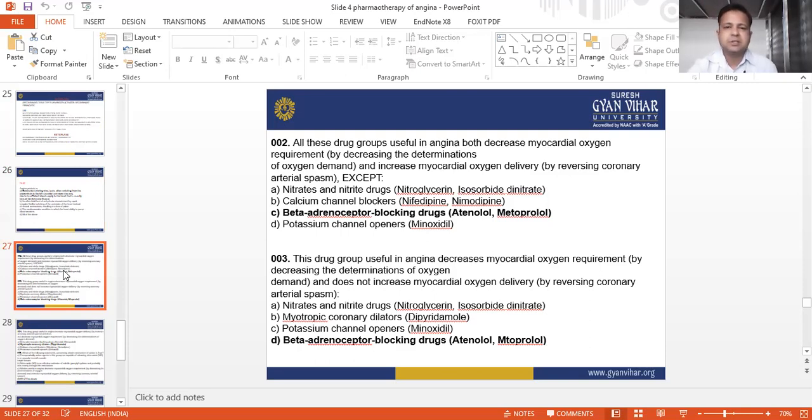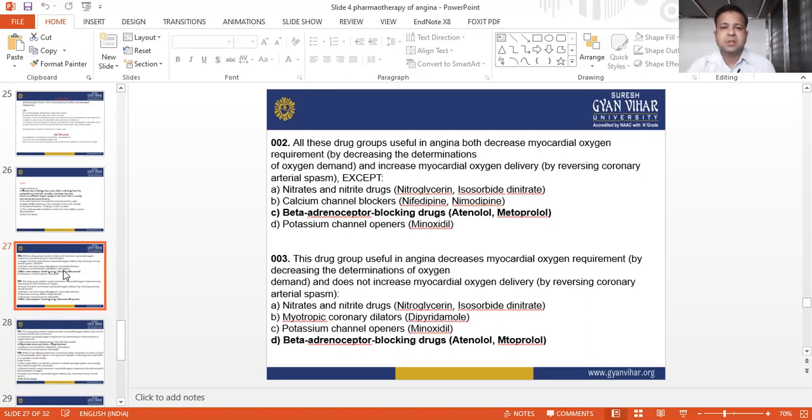B, calcium channel blockers such as nifedipine, nimodipine. C, beta adrenoceptor blocking drugs such as atenolol, metoprolol. And D, potassium channel opener such as minoxidil. So the correct answer is C, beta adrenoceptor blocking drugs, that is atenolol and metoprolol.